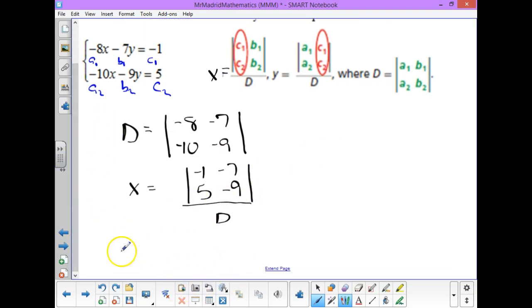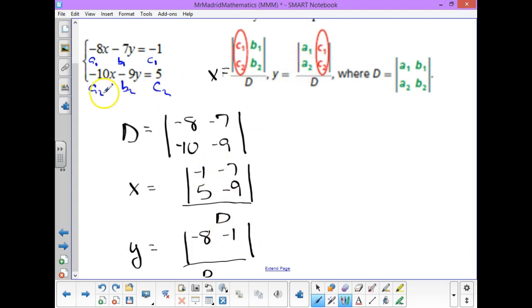I'll probably do D in a little bit. I might do them all. Let me finish setting them up here. So D on the bottom for y. Now let's go a little faster. A1, negative 8. Whoops, I'm working with y equals. C1, negative 1.